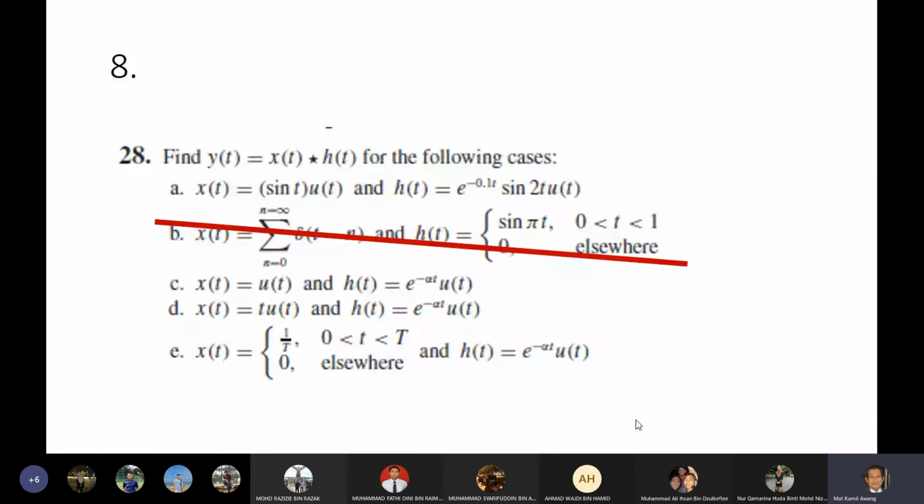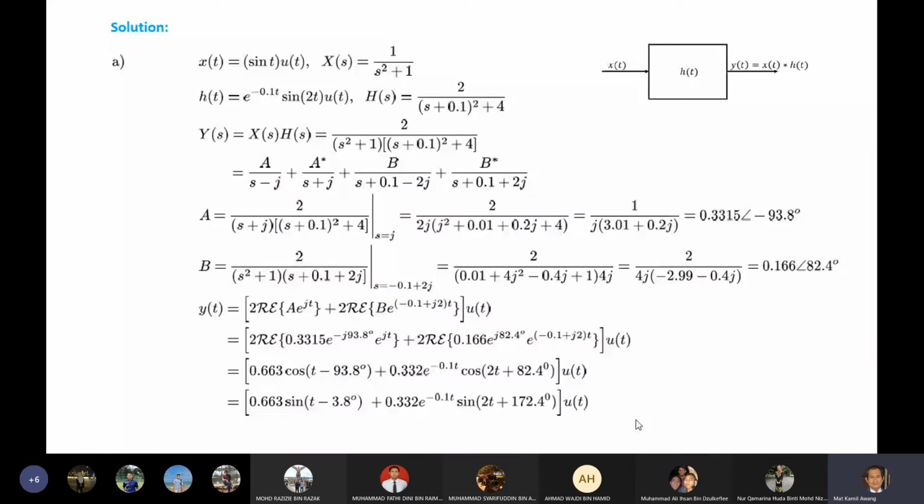C is u(t) convolved with e to the minus a t u(t), D is t u(t) convolved with e to the minus a t u(t), and E is 1 over t convolved with e to the minus a t u(t). So this is the solution.